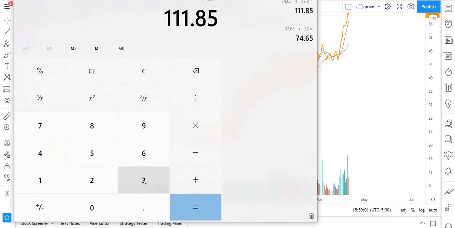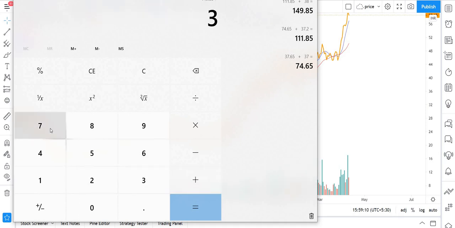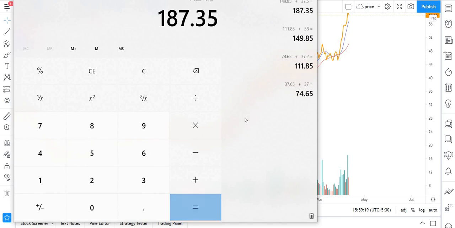These are the three days' prices added so far, so let's add 38 now, plus the last price, 37. Now the total is 187.35. Let's divide it by 5. So 37.47 is going to be the first point on our SMA.